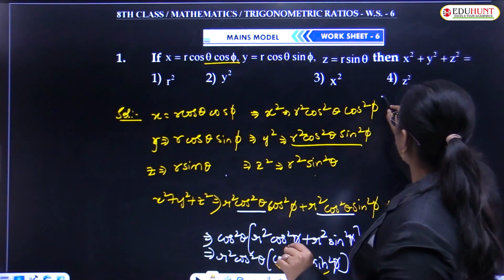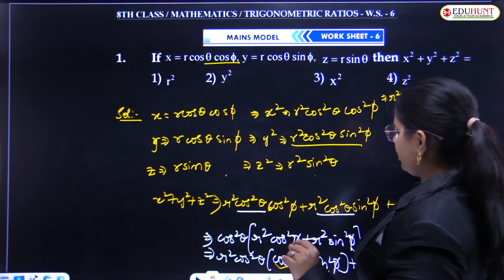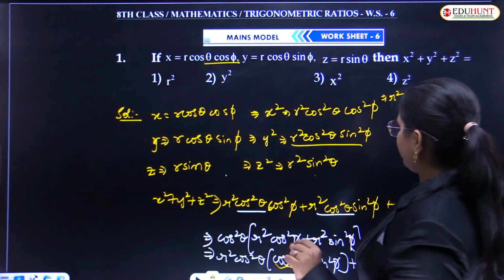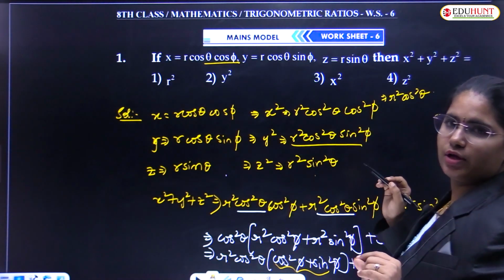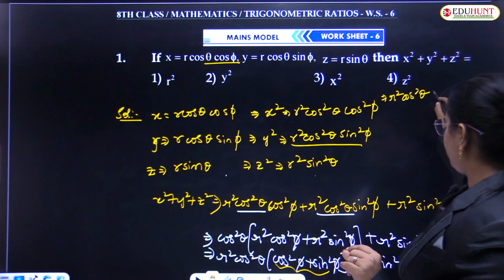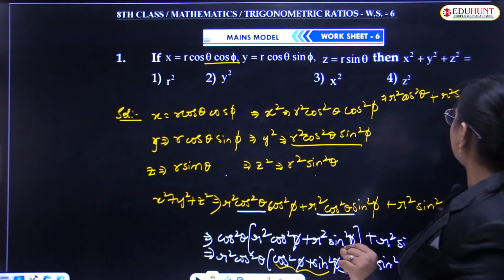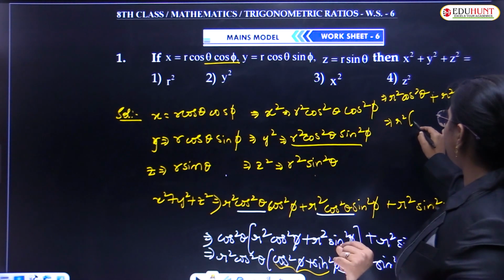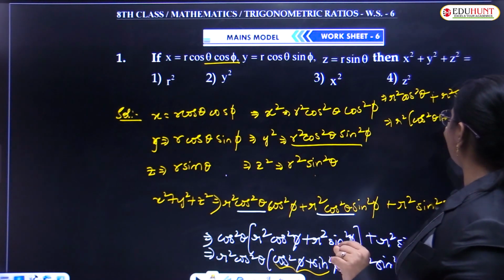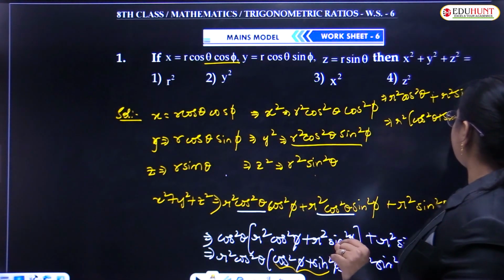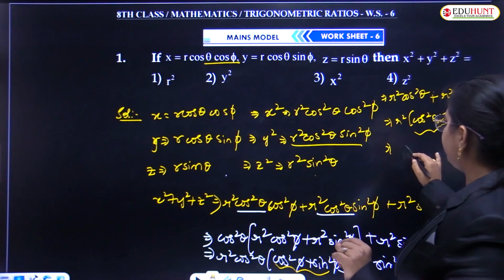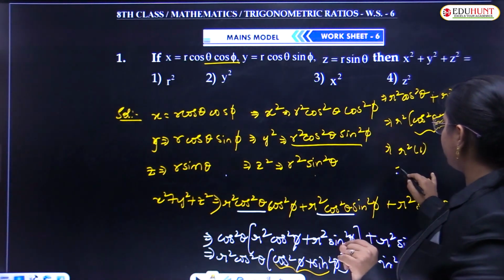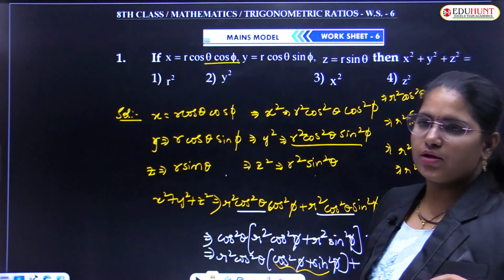So we are left with r square cos square theta plus r square sin square theta. Taking r square as common, we are left with cos square theta plus sin square theta, and again the identity is 1, so r square into 1 is r square.